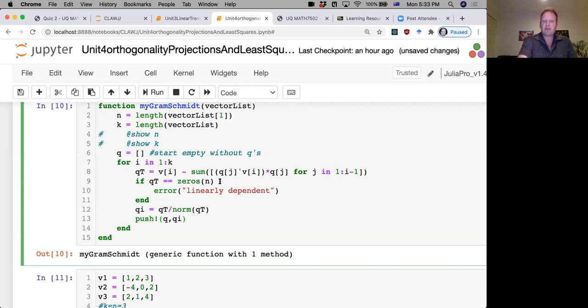Now, this here too is not so good because saying qt is zeros is maybe not the best thing, because sometimes it'll be very close to zeros. It's not going to be exactly zeros. So the better way when you're doing things numerically is to say if norm of qt is, say, less than 10 to the minus 8. This is better.